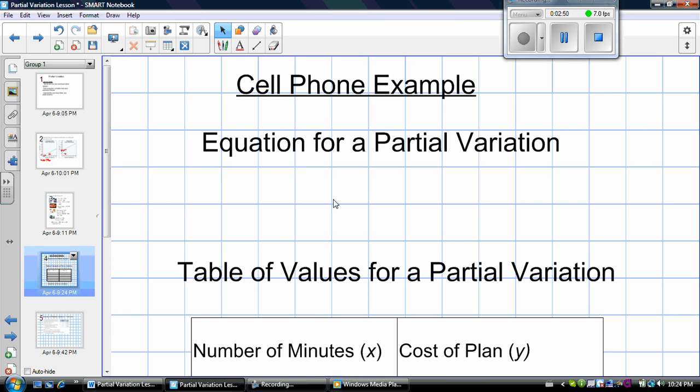So here's an example of a cell phone problem. Given the equation for a partial variation, I'm going to take the one that I used before.